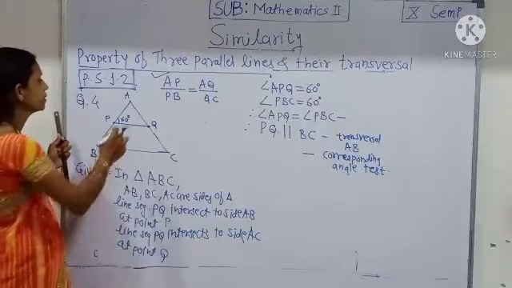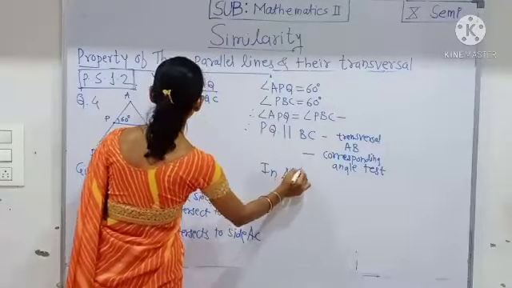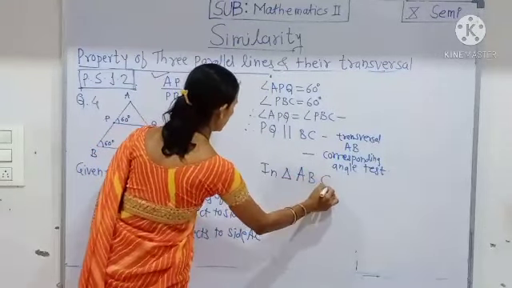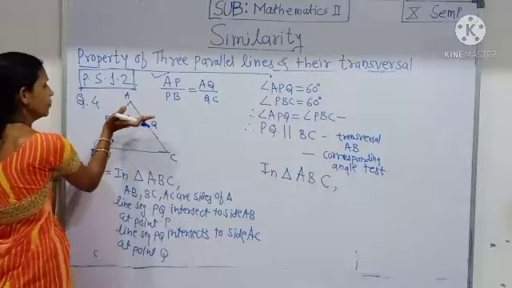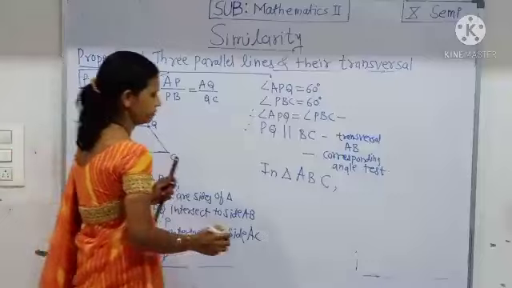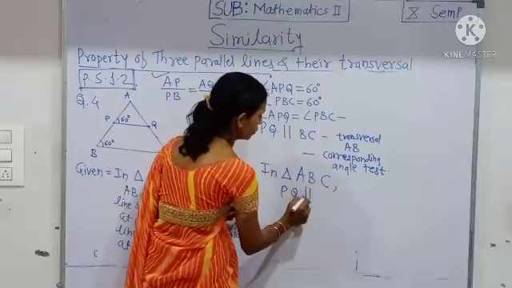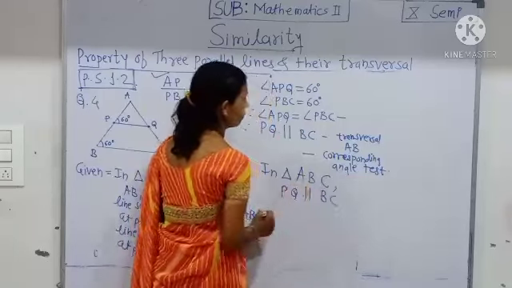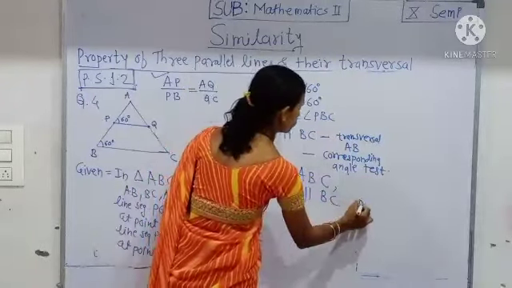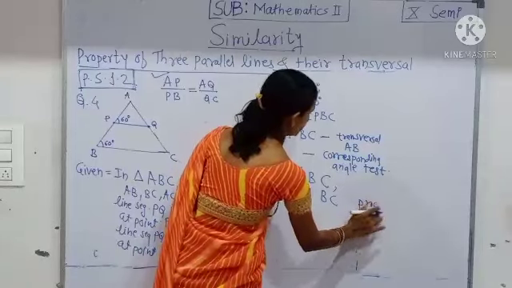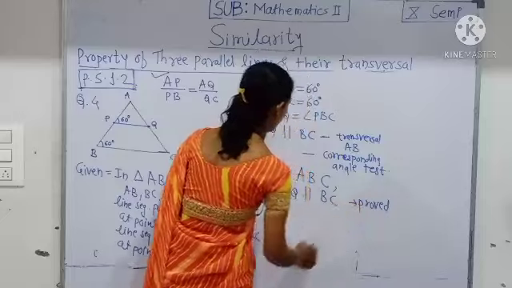Then see here, in triangle ABC, PQ is parallel to BC, which is proved here. We have already proved this.